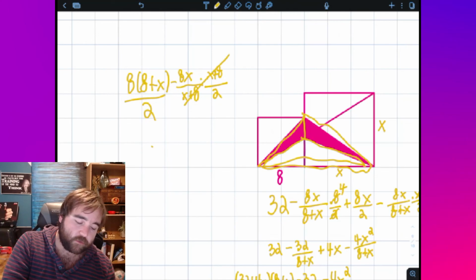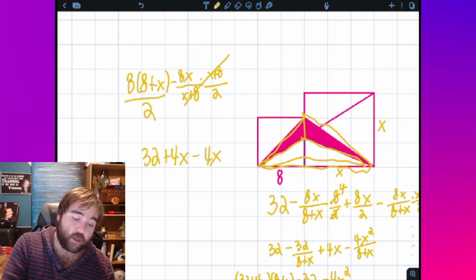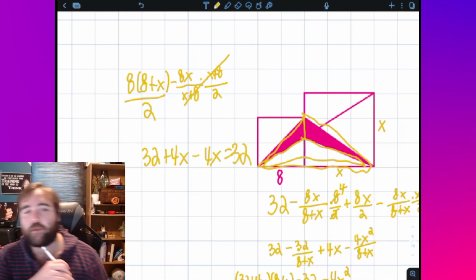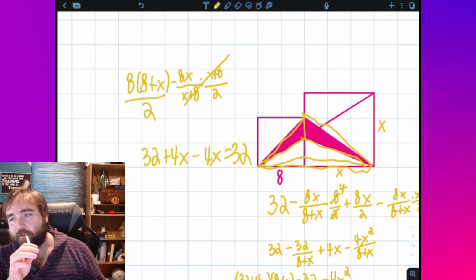So that cancels. You get, and that divides. So you get 4. Oh my gosh. You get 4 times 8, which is 32, plus 4x minus 4x. So the area of the whole thing is 32, which is decent.